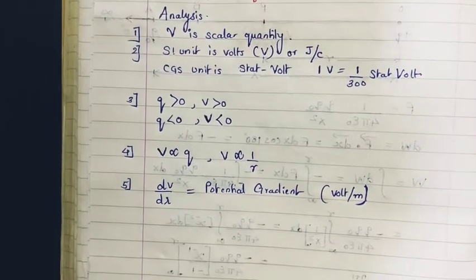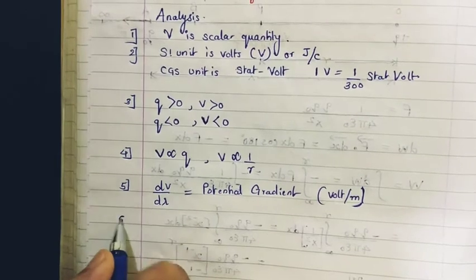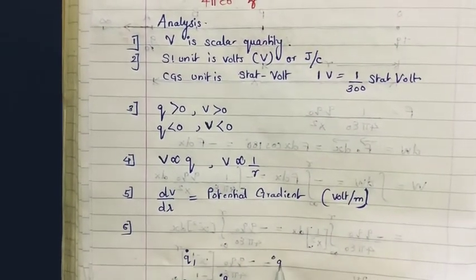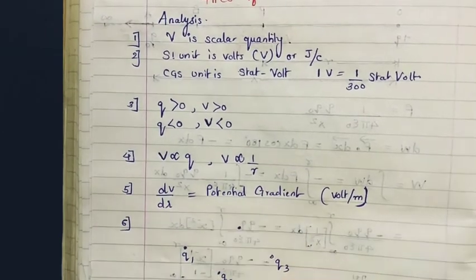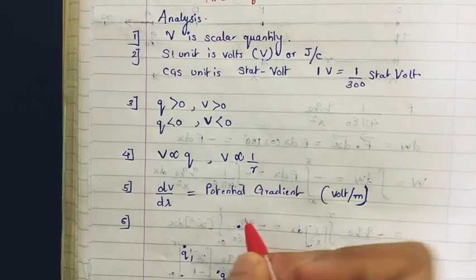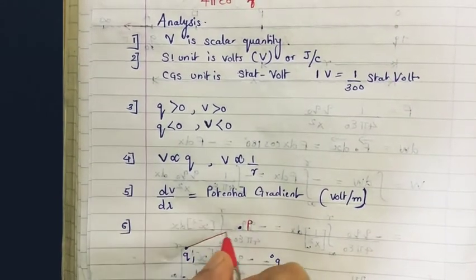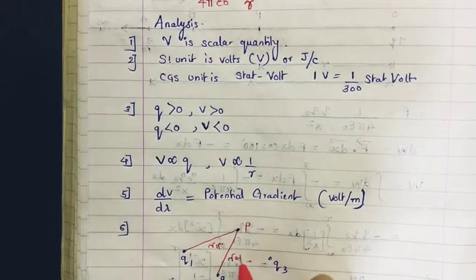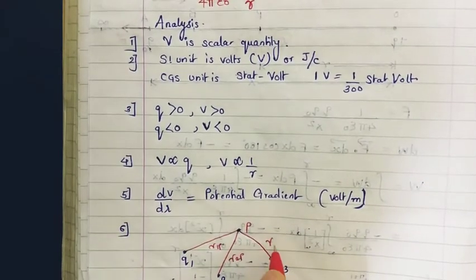Now, supposing we have a system of charges. Okay, there are a lot of charges. Let's say there is Q1, there is Q2, there is Q3, and we need to find out the potential at point P due to all these charges. So let's say that this distance is r1P, this distance is r2P, and this distance is r3P.